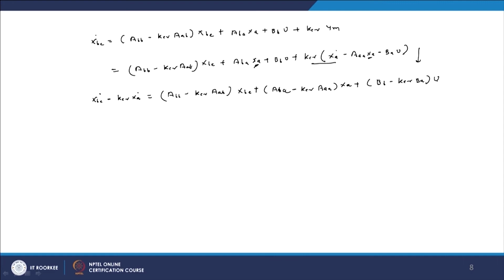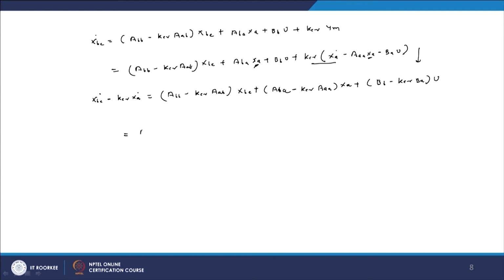Now, again this equation needs to be simplified. So, here we can write ABB minus KER into AB. Now what we write, we have the state equation in terms of XB dot minus KER into XA dot. Therefore, in the output we have to represent the equation in terms of XB minus KER into XA.